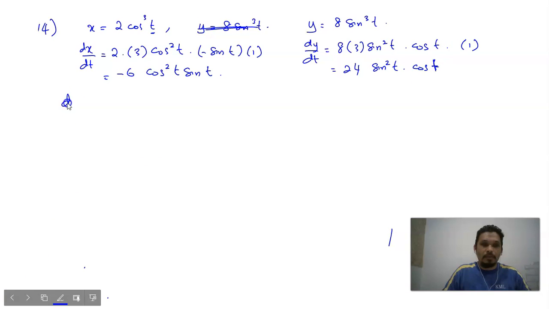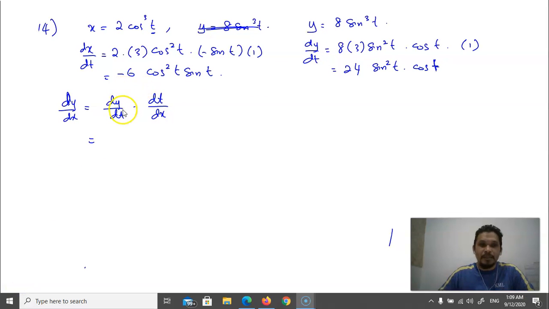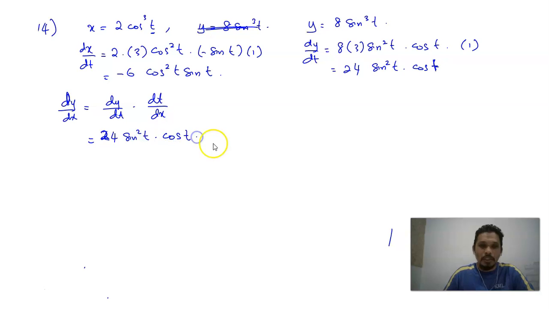Now dy/dx equals dy/dt multiplied with dt/dx. So dy/dt is 24 sine squared t cos t, multiplied with dt/dx, which is 1 over dx/dt, that is divided by negative 6 cos squared t sine t.